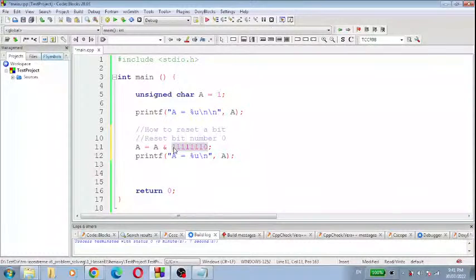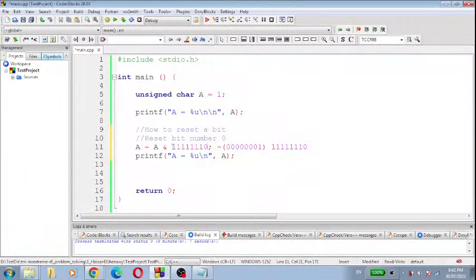How could I achieve this mask? I could achieve it by writing 1 shifted by 0. Of course this is equal to 0 0 0 0 0 0 0 1. What happens when I get the complement of this value using the bitwise not? I get something like 1 1 1 1 1 1 1 0. So I have got this as my mask.